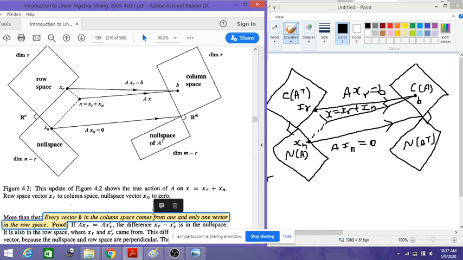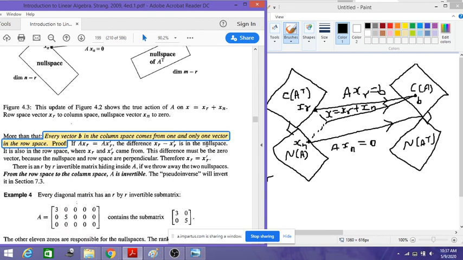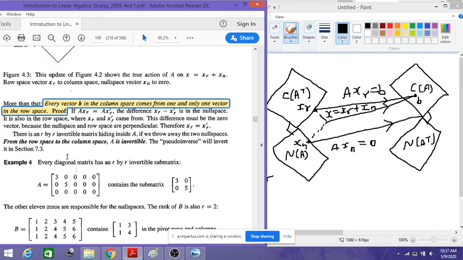So these are the important points here. Every vector B in the column space comes from one and only one vector in the row space.